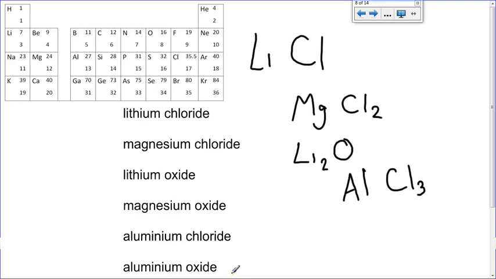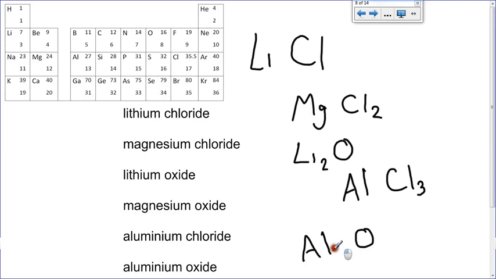And aluminium oxide is probably the trickiest. We've got aluminium, we've got oxygen. Aluminium gives away 3, oxygen needs 2, and we've got a bit of a problem there with those numbers. So what we can say is try and find a common number between 2 and 3. So 2 and 3 both go into 6.